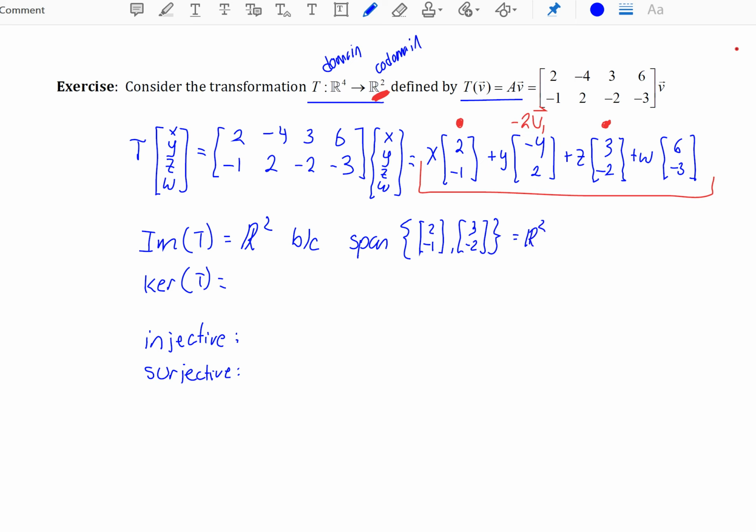If these two vectors span all of R2, then that will be our image. This is also enough for us to say that yes, our transformation is surjective because the image of T is all of R2.